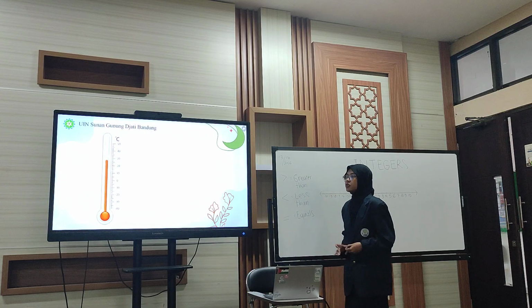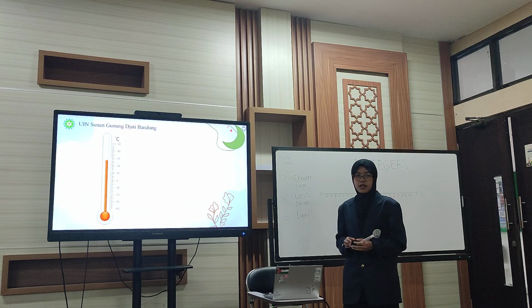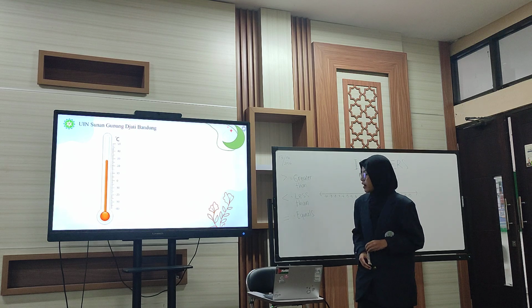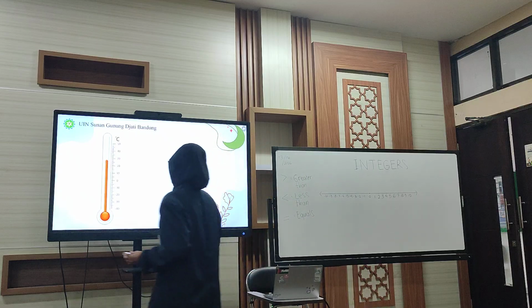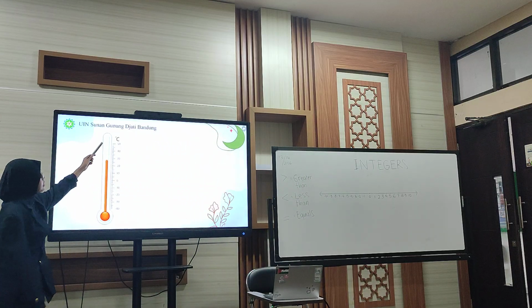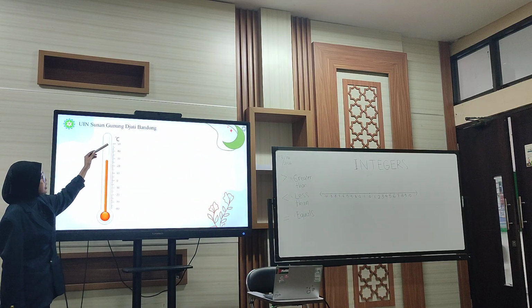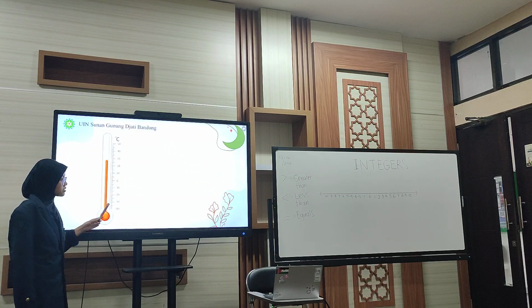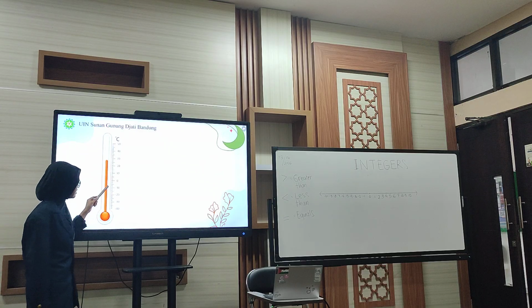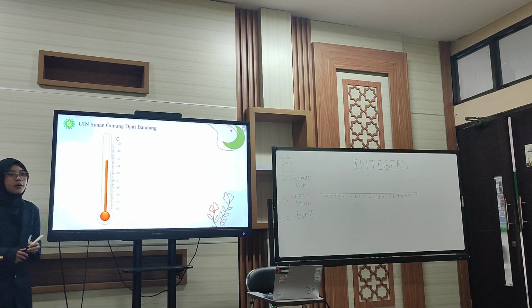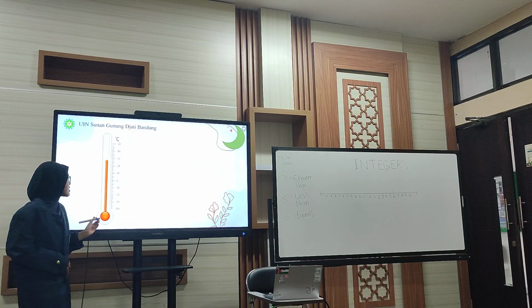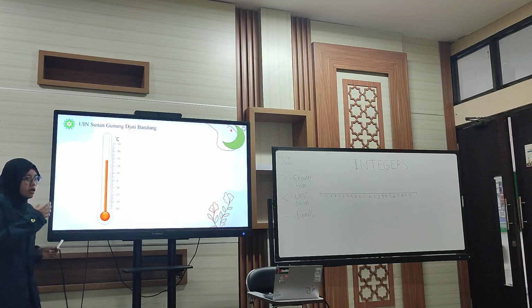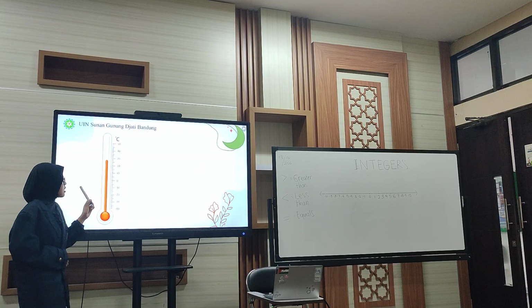Okay guys, do you know what this is? This is a thermometer that we use to measure the temperature. As you can see here, the thermometer contains numbers in order, but a few numbers have a tiny strip sign that we call the negative sign or minus sign.